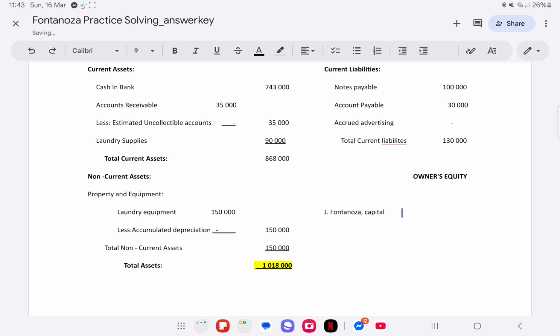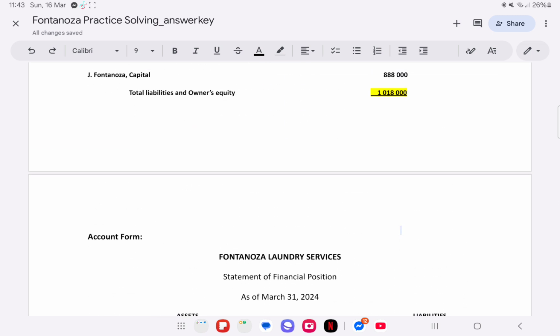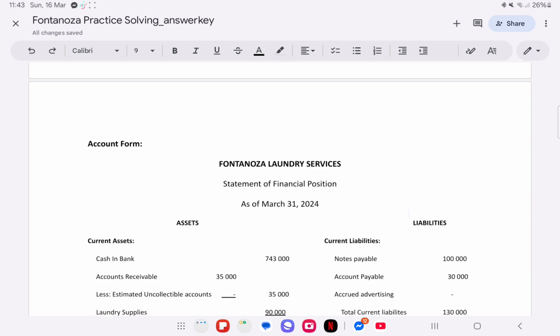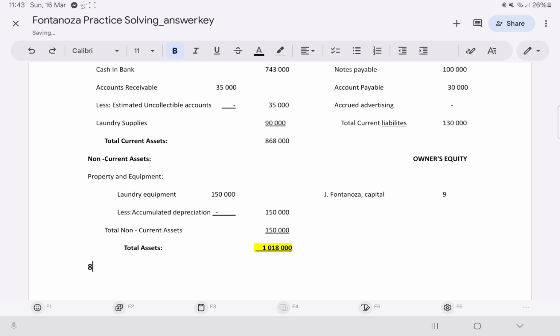How much is the J. Fontanoza Capital? We have 888,000. So that's our J. Fontanoza Capital. Then our total liabilities and owner's equity.